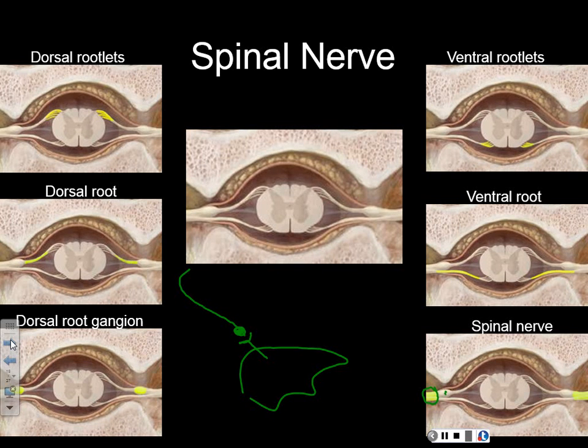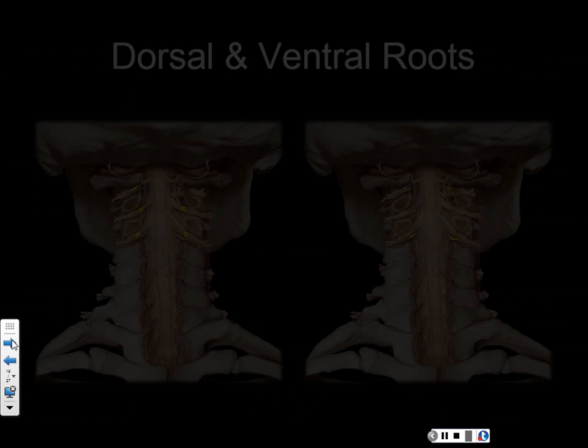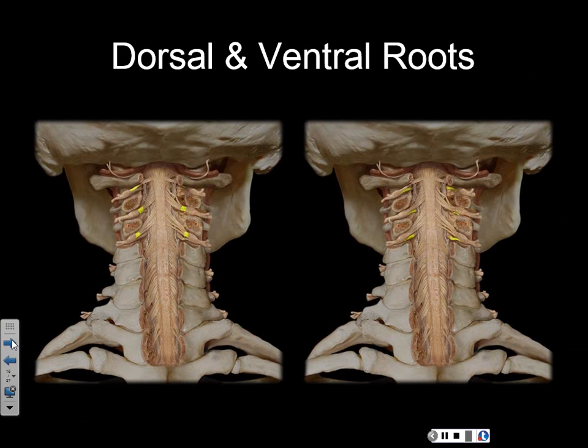Okay, the presynaptic is very long. The postsynaptic, that's close to the organ, is short. So that's why you don't see the ventral ganglia. It's way close to the organ that's being controlled. Again, dorsal and ventral roots. Okay, pretty much the union of those rootlets. Okay, that's that.